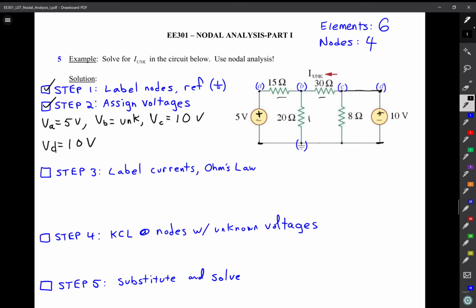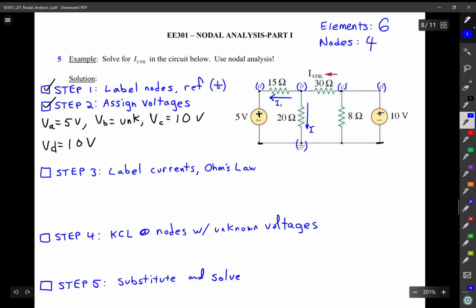So in this case, I1, I will define in this direction. Let's go ahead and take away some of this. Put this back, put that back. Okay, so let's label them. I1 is going this direction. I2 is going from node B through the 20 ohm resistor.